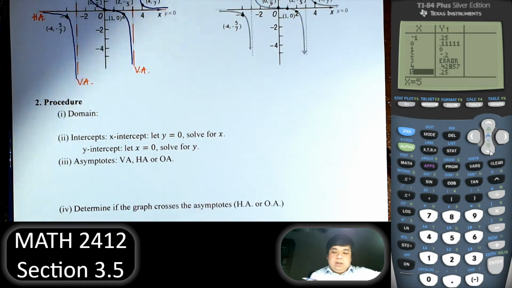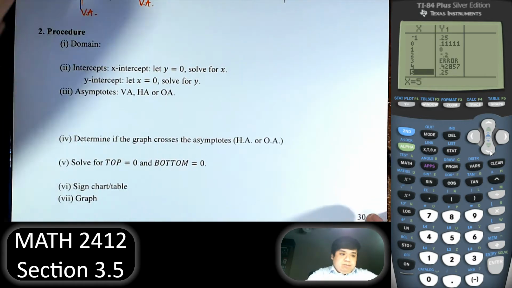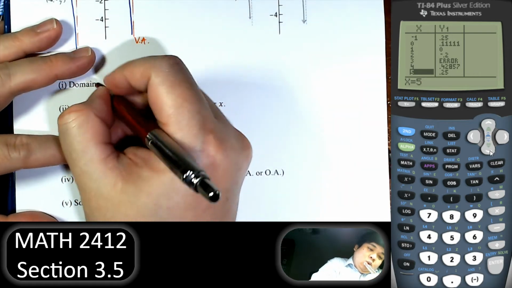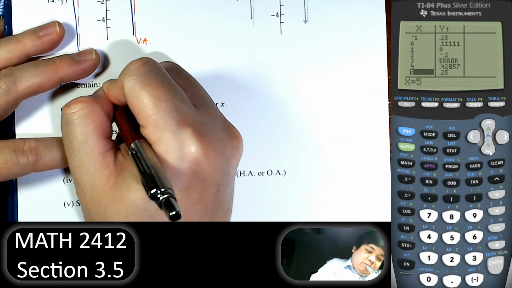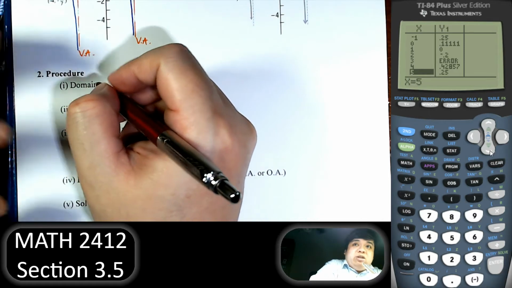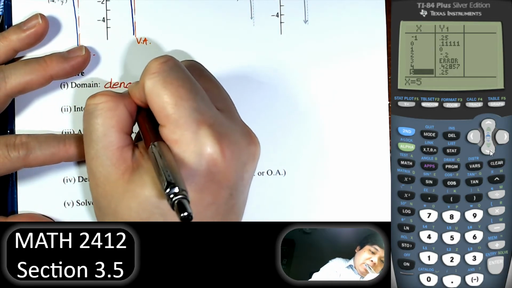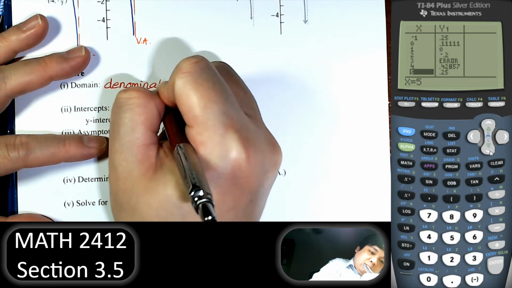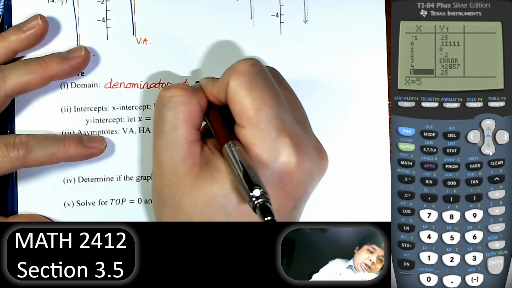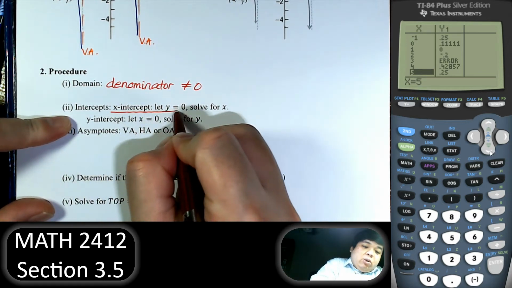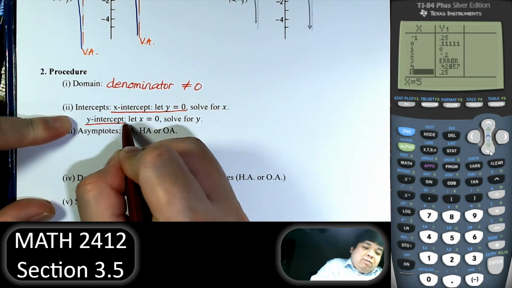Right. So to summarize what we have, the domain is where the bottom is not equal to 0, because we cannot divide by 0. So denominator not equal to 0. X-intercept, let y equal to 0. Y-intercept, let x equal to 0.